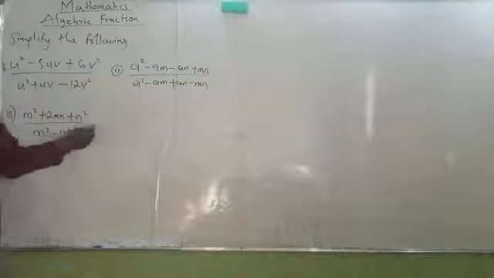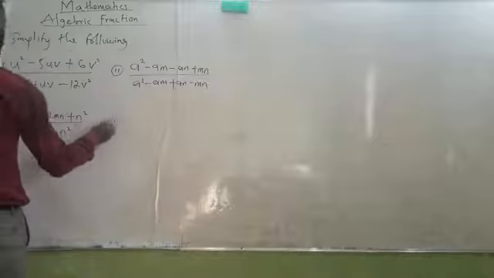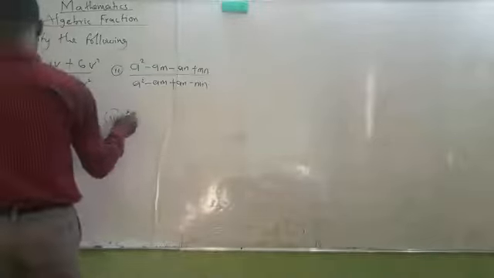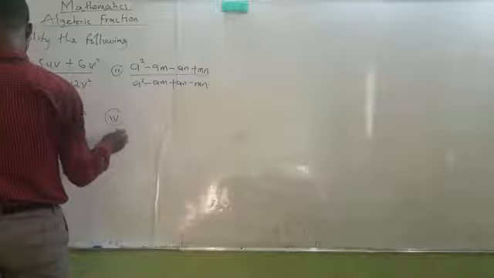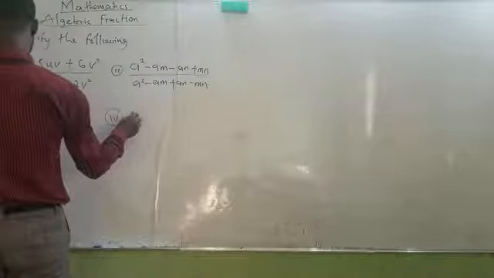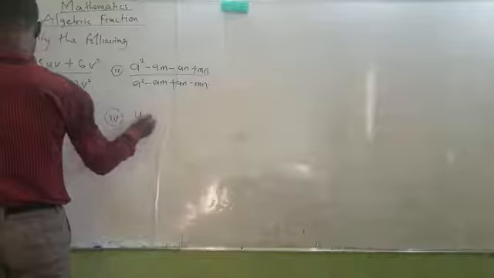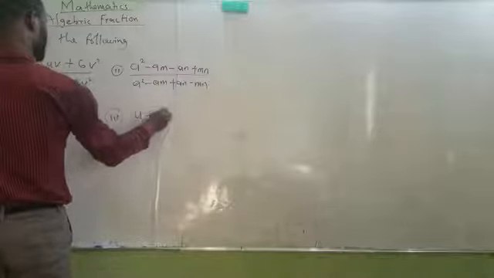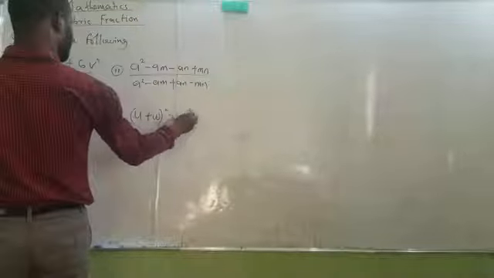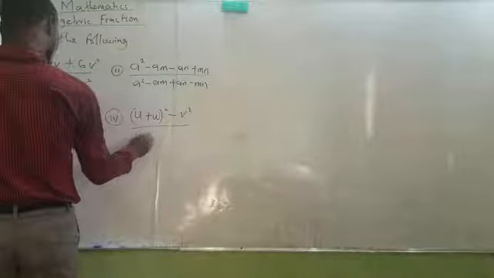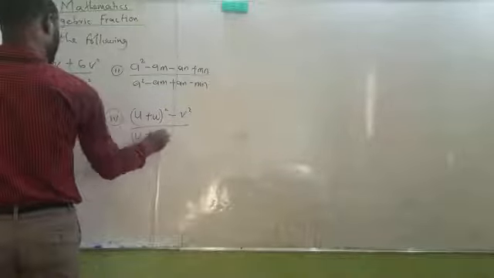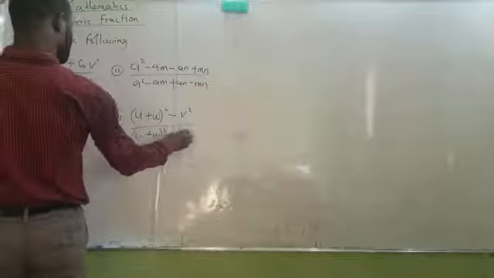Okay, another one, number 4. I have u plus w squared minus v squared divided by v plus w squared minus u squared.